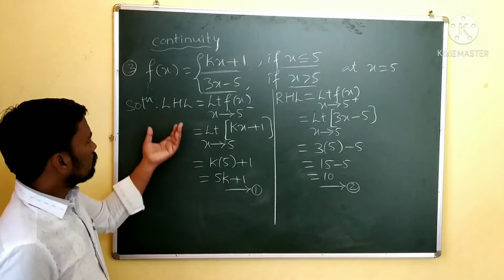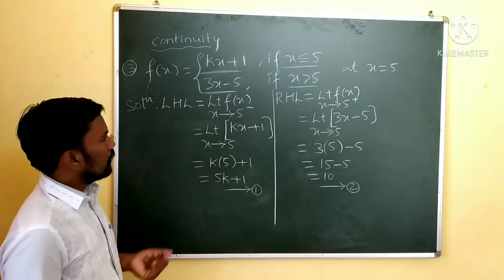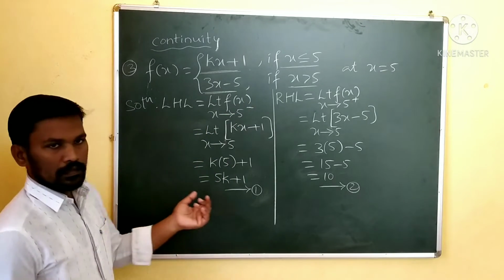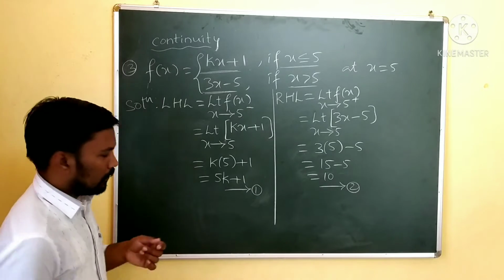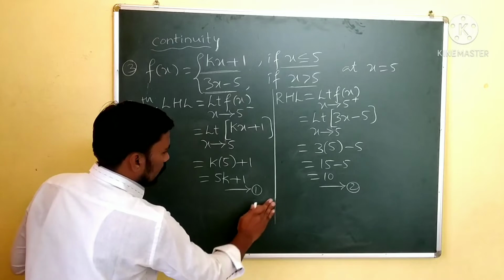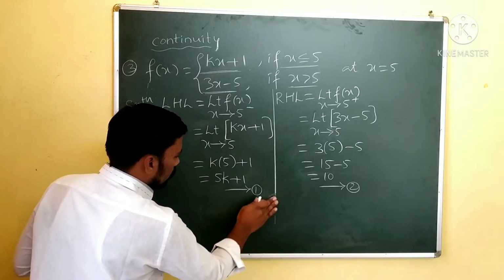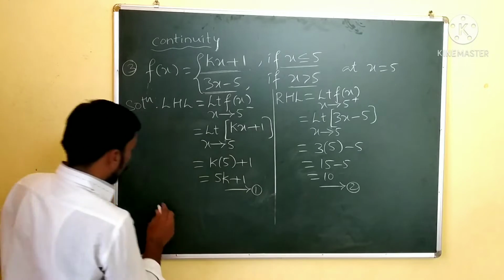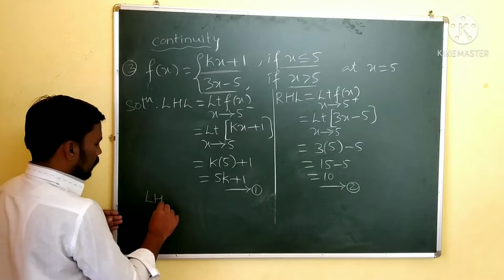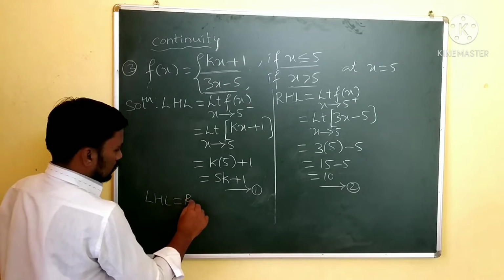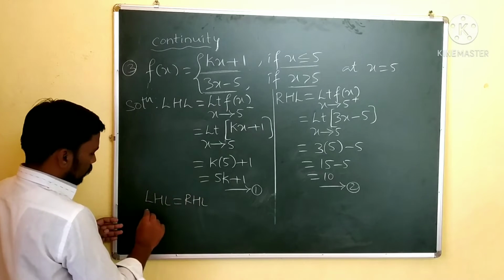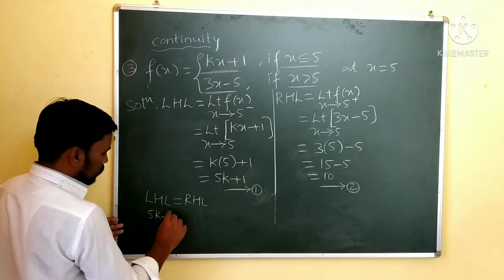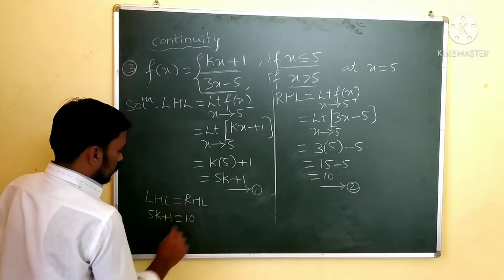Okay. Again here, these two values are enough to calculate the value of k. Just by equating the left hand limit value and the right hand limit value, we can get the value of k. Again, by the condition of continuity, we can equate LHL equal to RHL. So what is the left hand limit value? 5k plus 1 is equal to 10.